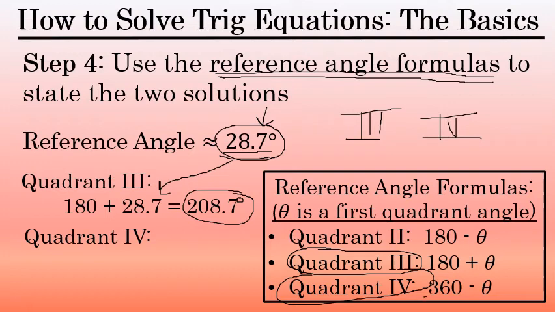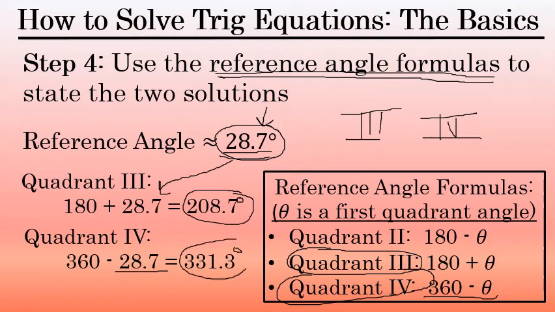So, quadrant 4's reference angle formula is 360 minus theta, or 360 minus 28.7 in this case, and that difference is 331.3 degrees. And this is the second solution to our equation. So at this point, we do have our two answers. We've completed step 4, and we have the two answers to the original equation between 0 degrees and 360 degrees, and those two answers are 208.7 degrees and 331.3 degrees.